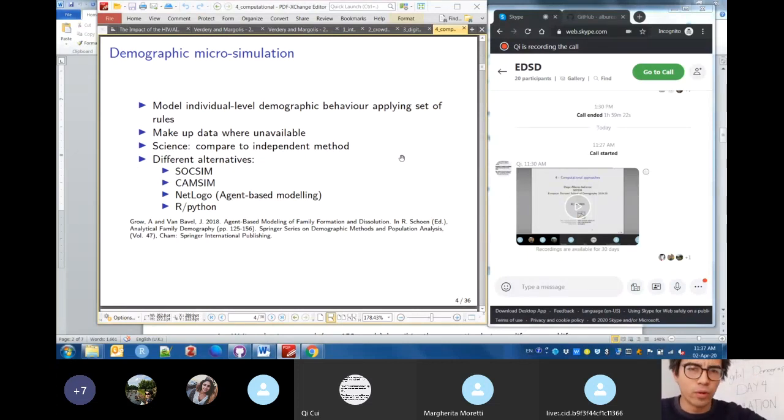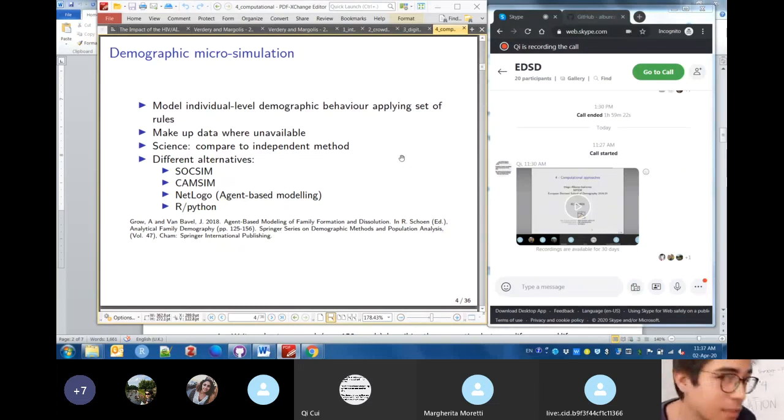So what I want to talk to you about today is demographic microsimulation. Has anyone come in contact with or has experience with demographic microsimulation?